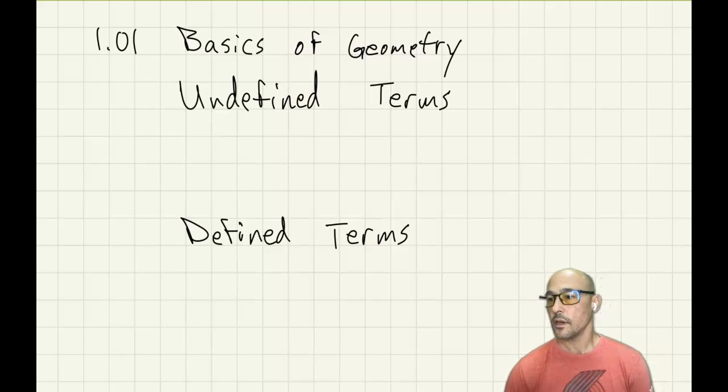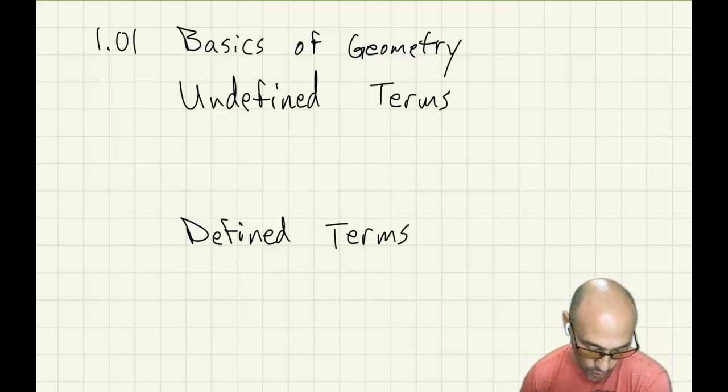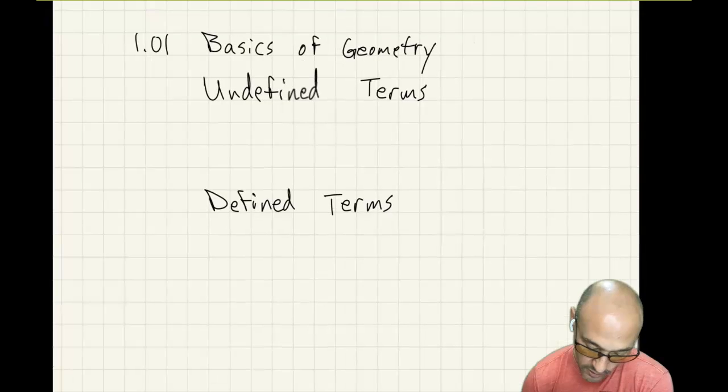So the first thing that we need to think about in geometry is what it is to be undefined versus defined. Well, the undefined terms are the basic terms of geometry with no formal definition.